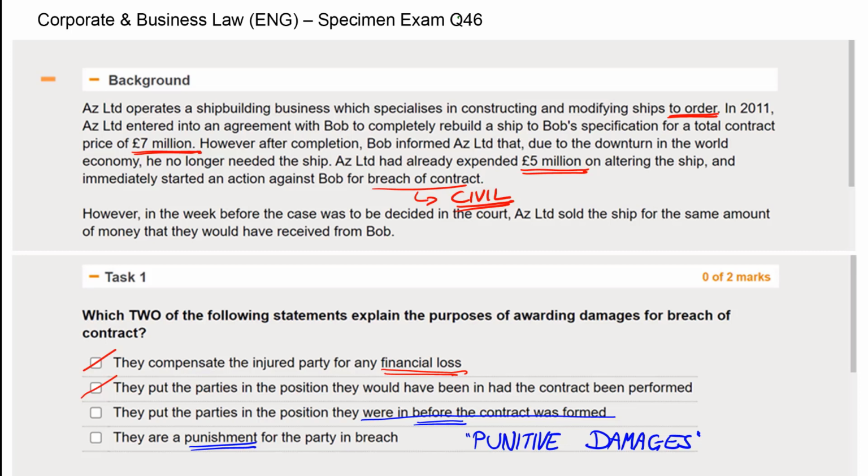Now, that is not consistent with the English legal system. It happens in very, very rare exceptions. But generally, the objective with any civil case, and specifically here with contract law, is we put the parties in the position they would have been in had the contract been performed. And we make up for any financial loss that they've incurred that hasn't got them to that position.